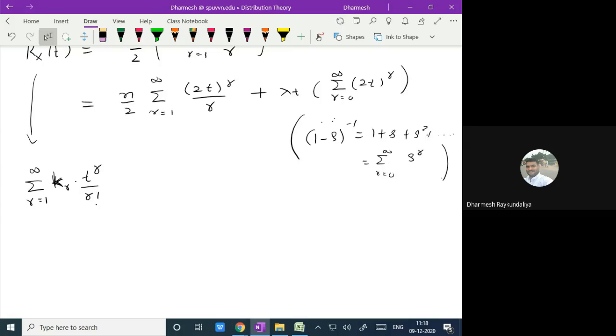So when you find out the expansion, whatever the coefficient of t raised to r upon r factorial in that expansion, that is called the k r. Suppose I wish to find out the first cumulant, then I have to see what is the coefficient of t upon 1 factorial. So that is named the first cumulant. So we try to write it in this structure. It is n by 2.